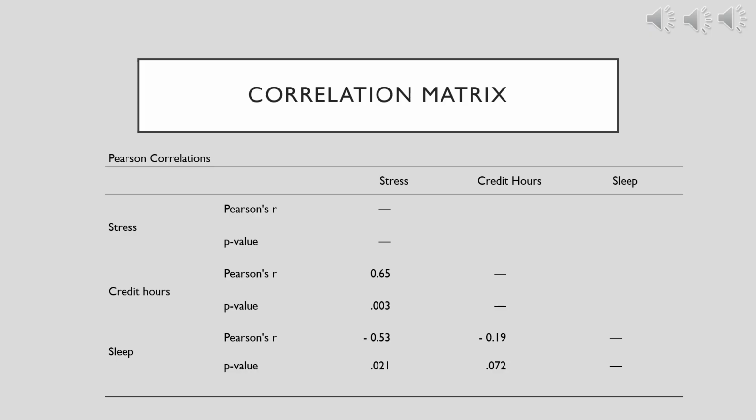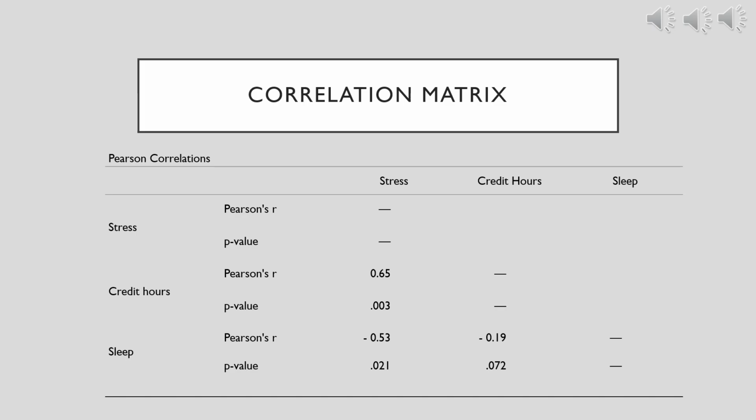All right, I want to know, what does the value of negative 0.53 mean in this table? Well, if you look at the negative 0.53, that corresponds to a Pearson's R, which is a correlation between stress and sleep.